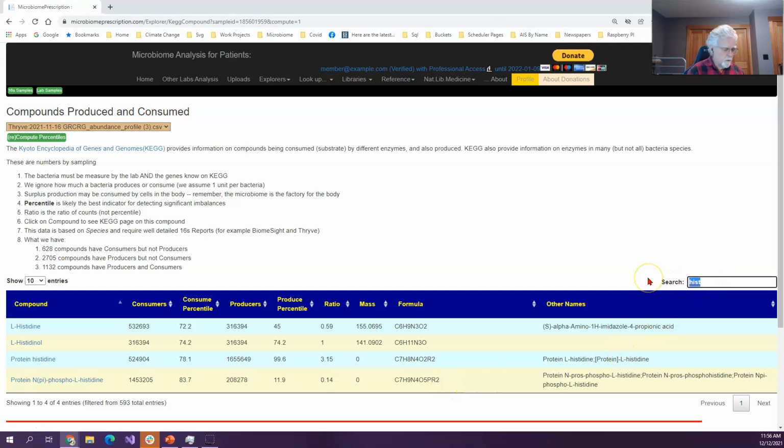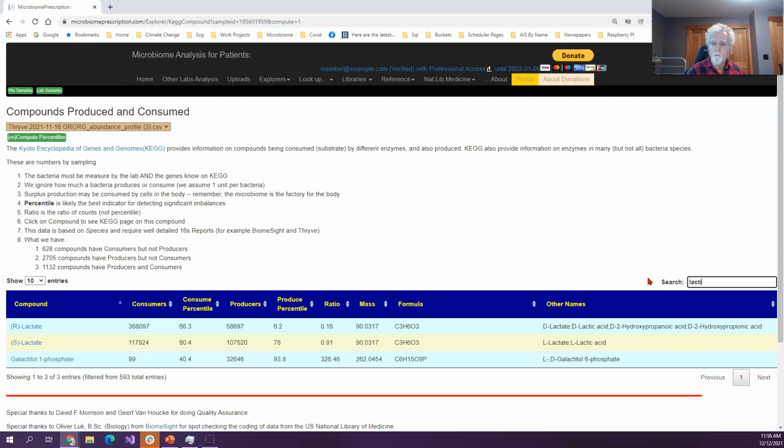But more important, let's go over to something like lactic acid, or here we have the official name from KEGG, which is R-lactate, but better known as D-lactic acid or L-lactic acid.